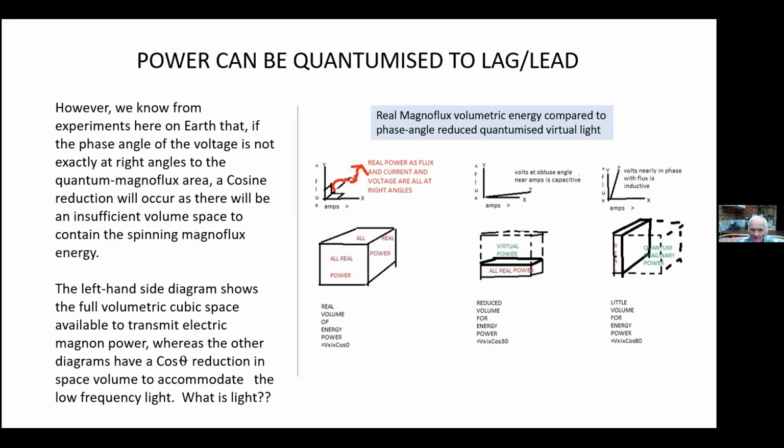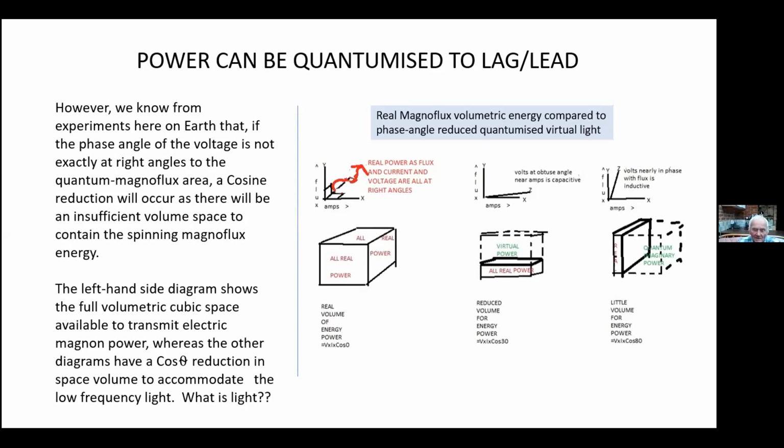So this then gives us quantum light, or virtual light, exactly the same as we have VARs, which is virtual electrical energy. It's not power. It's just virtual. So what is light?